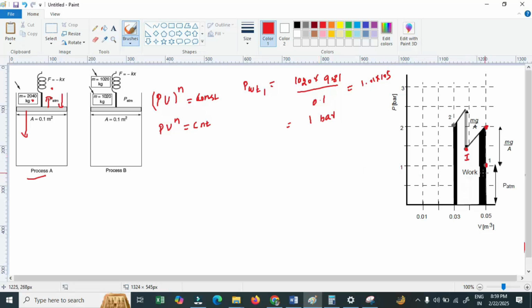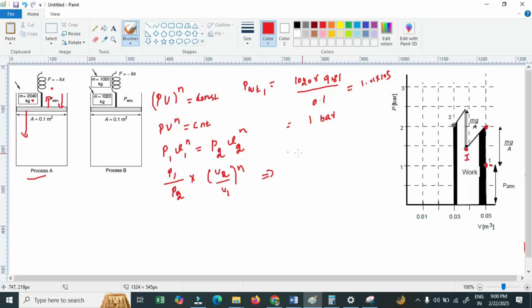For that, I will use my initial and final states, which are given in the problem. So P1 V1^n equals P2 V2^n. From this I can calculate P1 divided by P2 equals V2 divided by V1, power n.